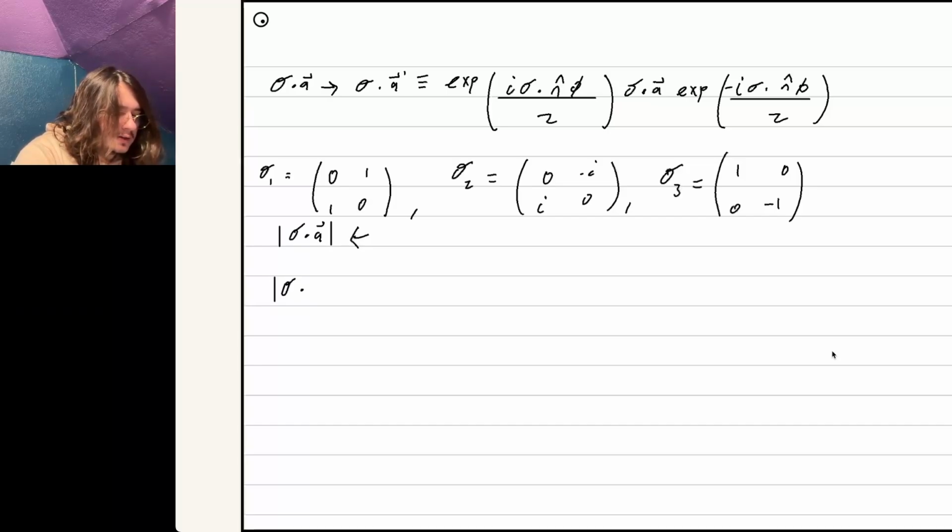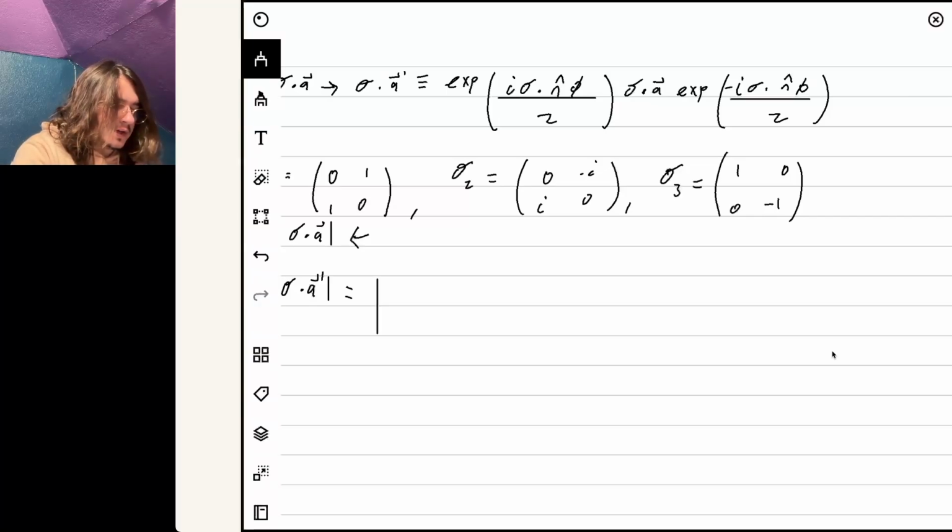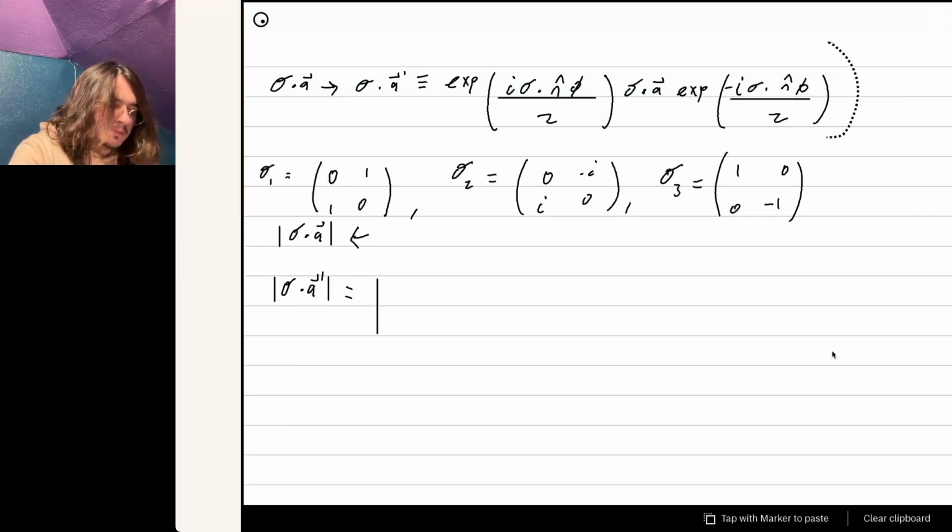Just looking at that, the determinant of sigma dot a prime will be the determinant of all of that junk up there. I just copy that down.